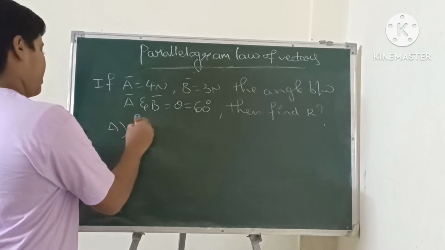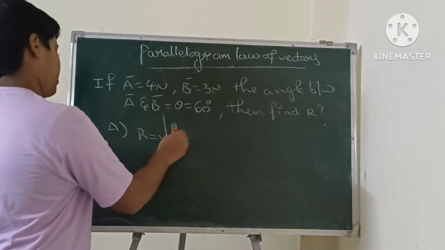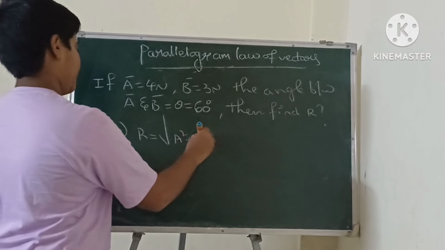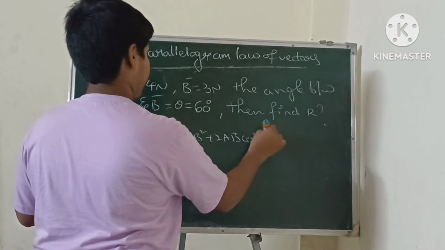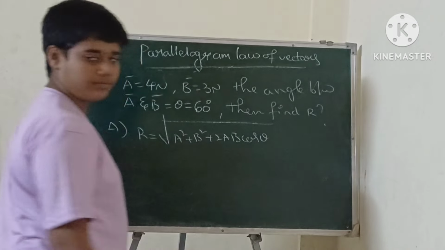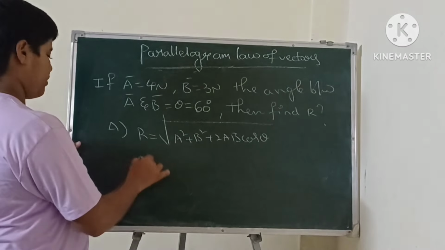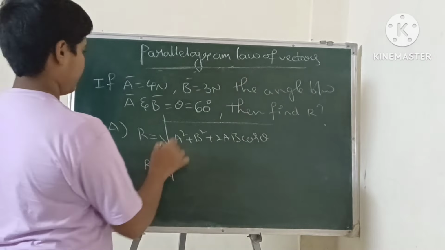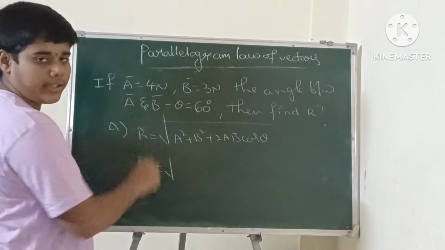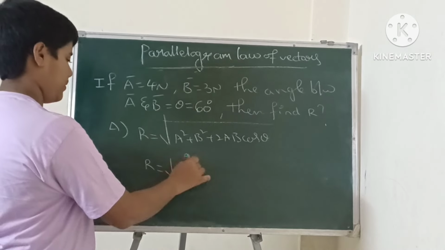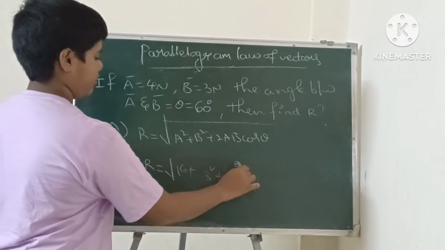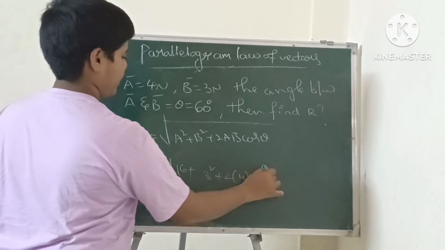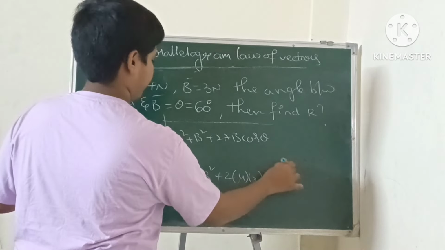So here the resultant formula is R is equal to root over A square plus B square plus 2AB cos theta. Okay. So here R is equal to root over A square, 4 square is 16, plus B, 3 square, plus 2 into 4 into 3 into cos 60 degrees.